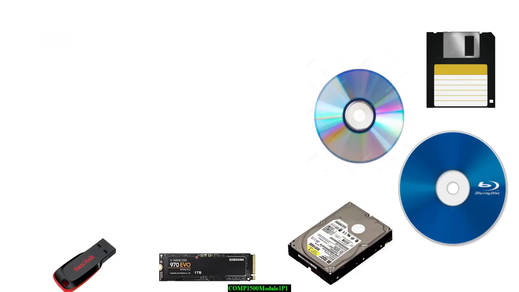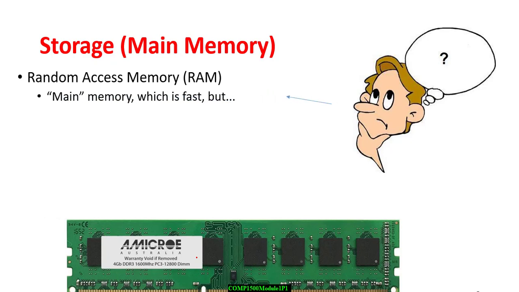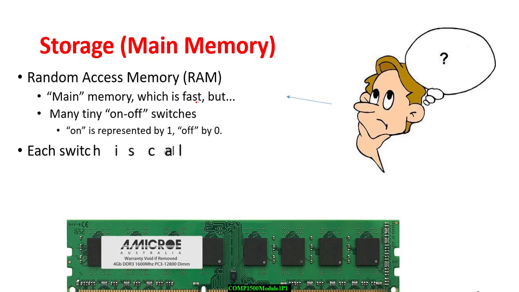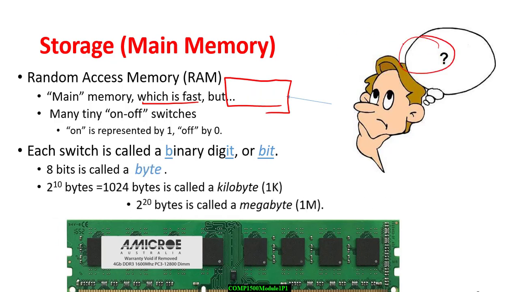So the main memory, which is the RAM, is a memory which is fast but volatile. What do we mean by volatile? Okay, I have a question mark here. What do we mean by volatile memory?